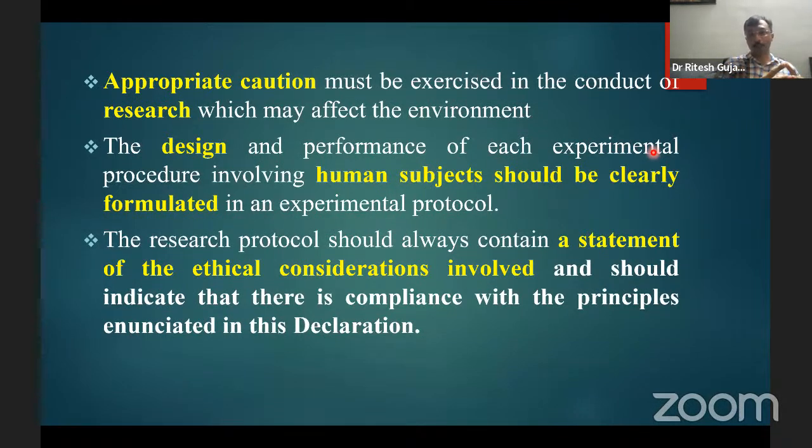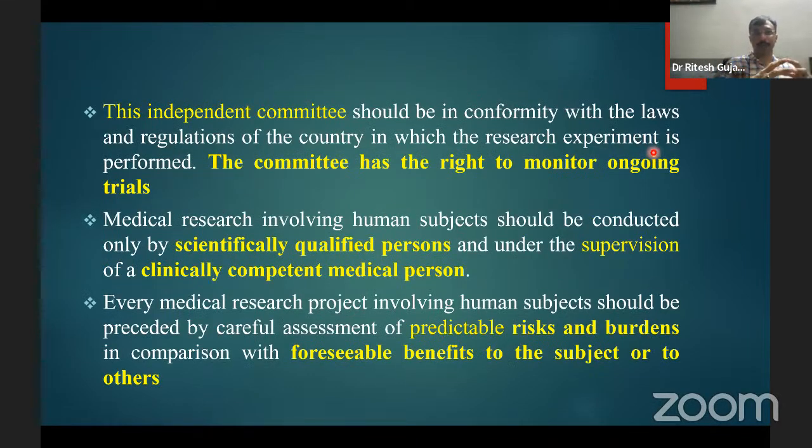The research protocol should always contain a statement of ethical considerations. So what kind of ethical considerations are there? Everything should be written one by one in that protocol. Yes, there is some independent committee, particularly the institutional ethical committee, and there's a standard protocol for that. That institutional ethical committee should always be headed by a person who is not part of that institute, so that bias should be avoided.